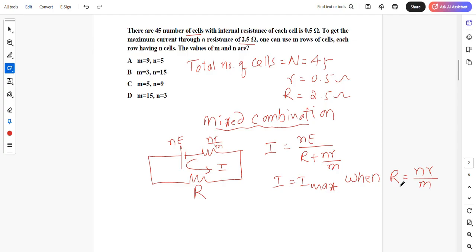What condition have they given? To get the maximum current through a resistance R, I can use this. Here capital N is given.